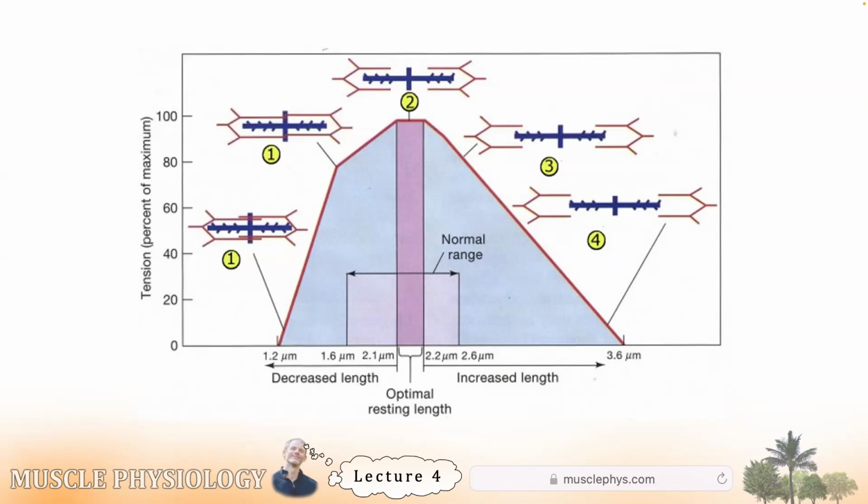Now, remember from the last lecture when we talked about sarcomerogenesis and sarcomerolysis, the insertion and deletion of sarcomeres. If you're constantly training in an extended position, the right side of the diagram, it would help your sarcomeres be in a more neutral position if there are more of them, more sarcomeres in series to help buffer that stretch.